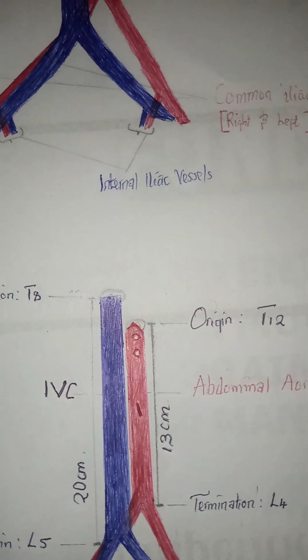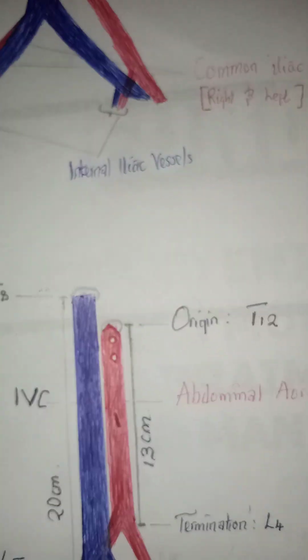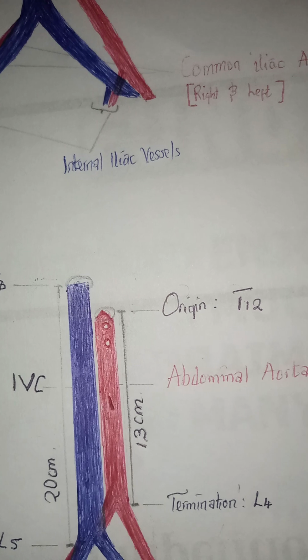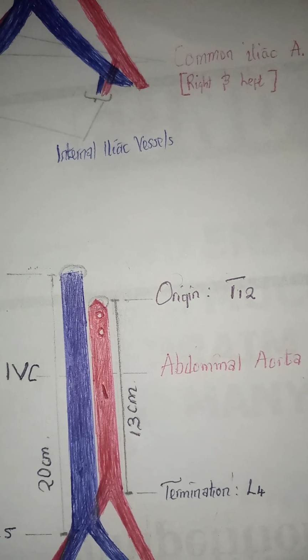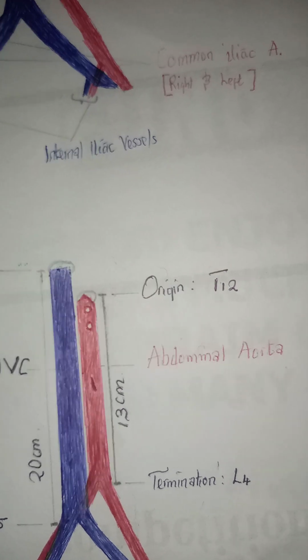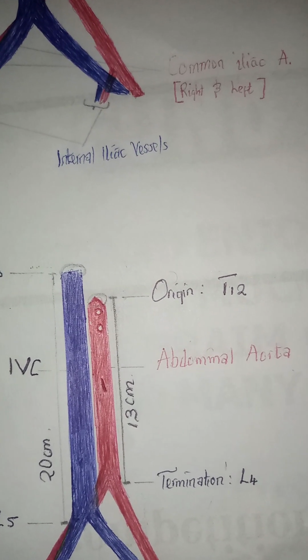So almost all the blood from the GIT is collected by the hepatic portal system, which passes through the hepatic vein into the inferior vena cava.